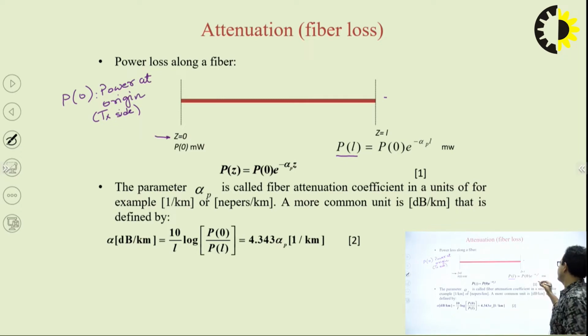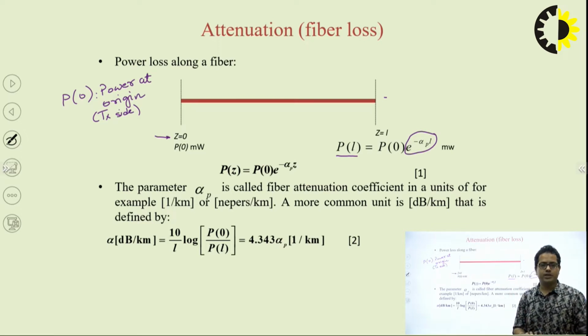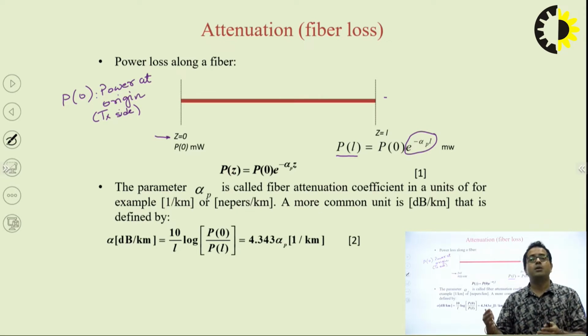So that's why we have a factor e to the power minus alpha p, where alpha p is the attenuation coefficient or attenuation factor. Its unit is generally expressed in per kilometer.